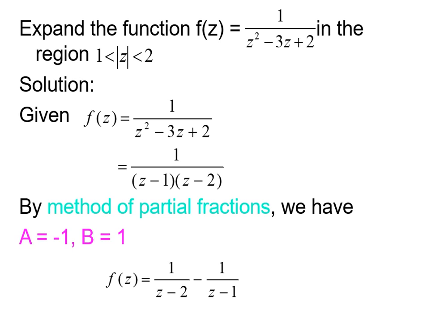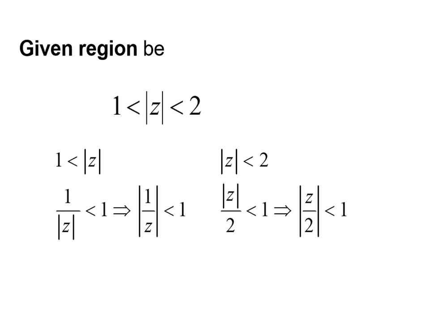The given region is 1 less than mod z less than 2. It is split up into two circles. 1 less than mod z is outside the smaller circle with the radius 1, and mod z less than 2 is inside the bigger circle with the radius 2. Right?